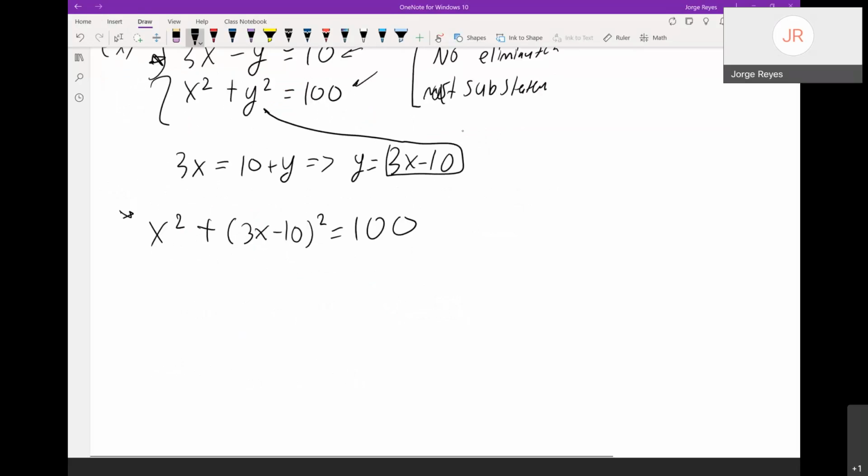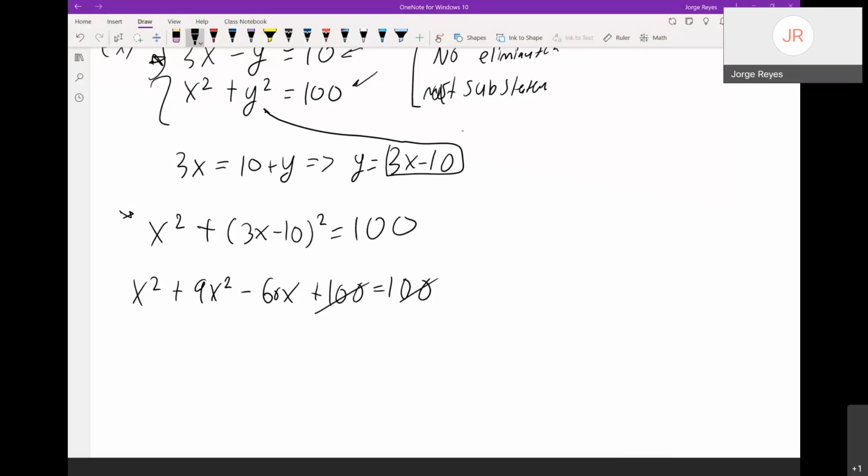This is a quadratic equation, right? You should know how to do this from like chapter 3 or 2 or something. Okay, so let's do this. So 9x squared minus 60x plus 100 equals 100.